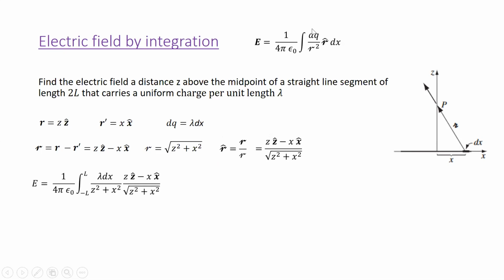Okay, now we can apply this general formula up here for electric field. Forget the dx. We have 1 over 4 pi epsilon naught.